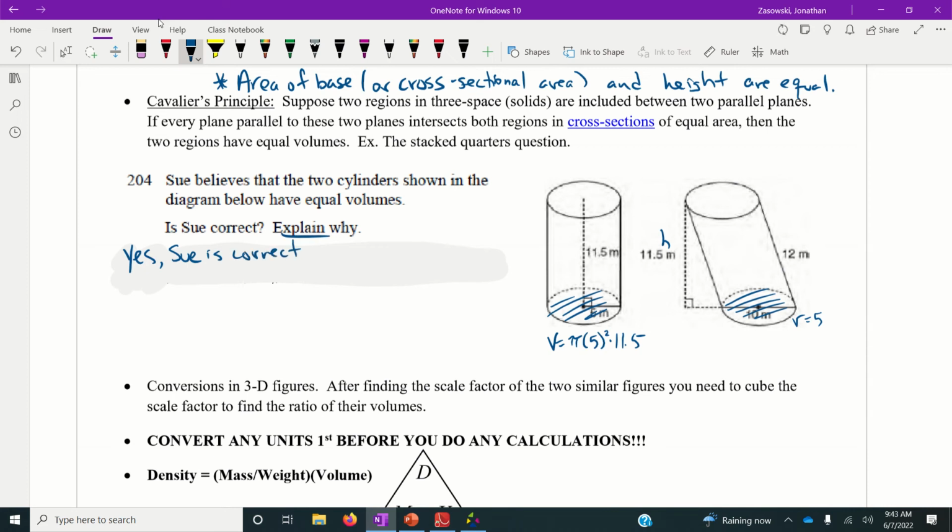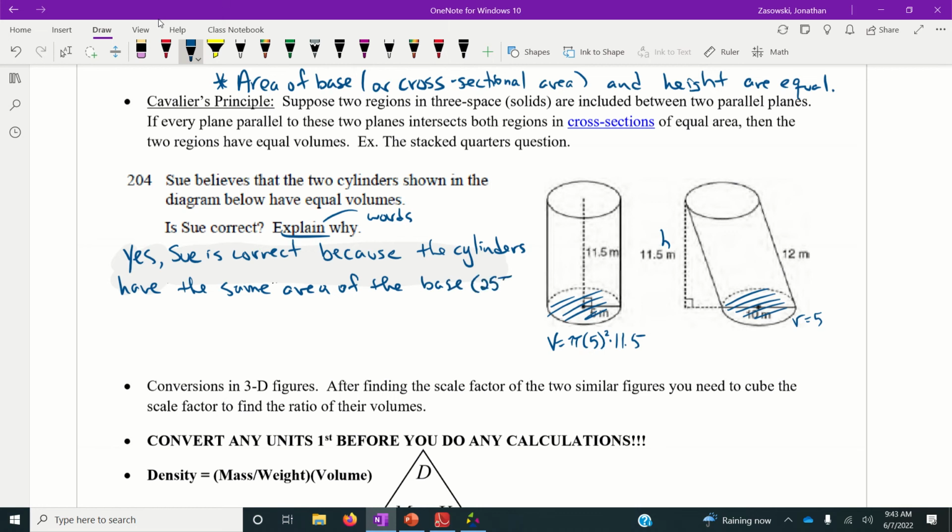And then it says explain. That means we have to use some words to do this, okay? So why is she correct? Because the cylinders have the same area of the base, and you can actually tell me what the area of the base is.